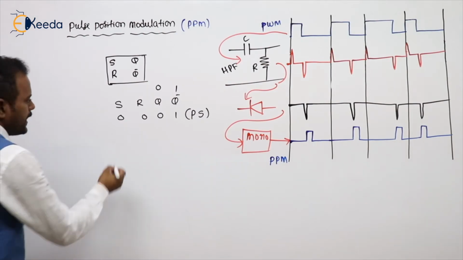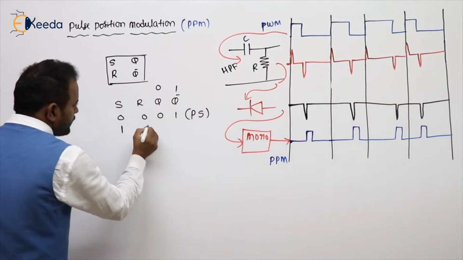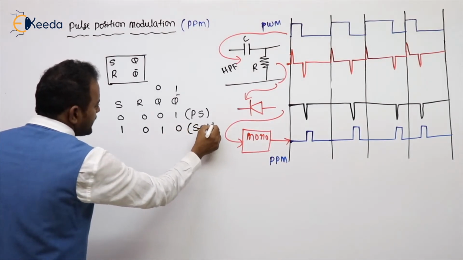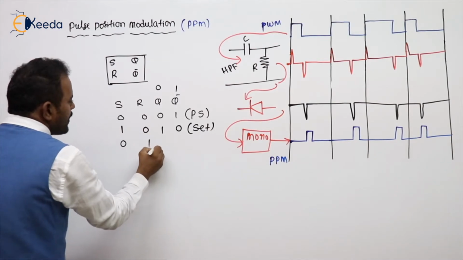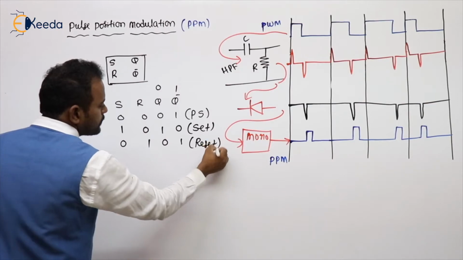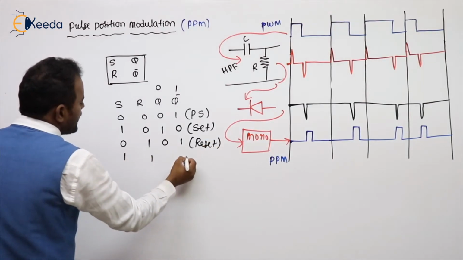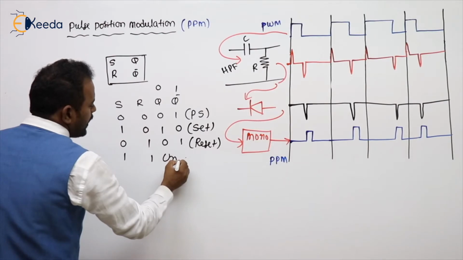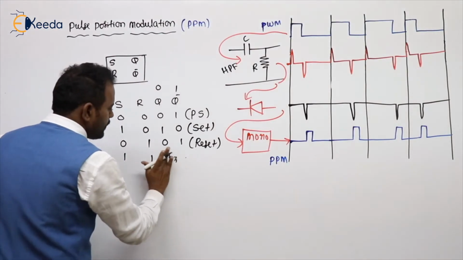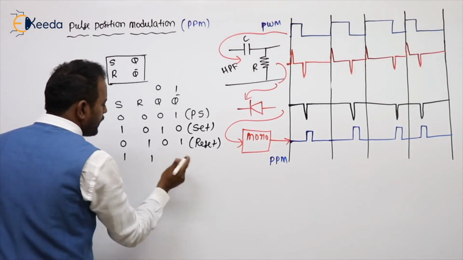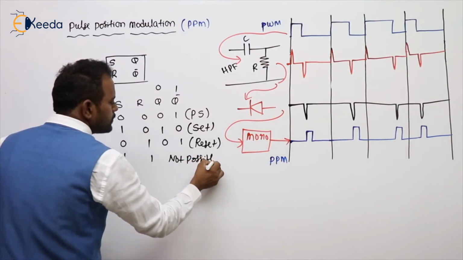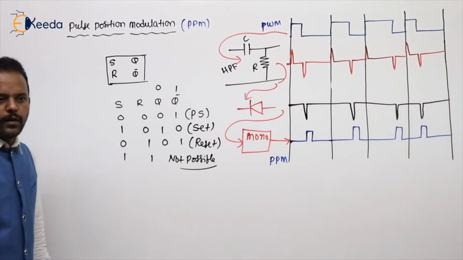If set is given, Q is set to 1 and obviously Q bar is 0. That is called set. If R is given 1, it is reset. If both are 1, set and reset cannot both happen; it is not a possible state. Are you getting my point?